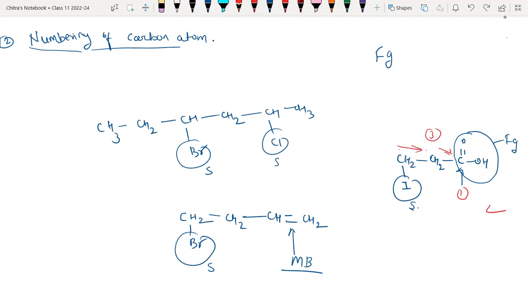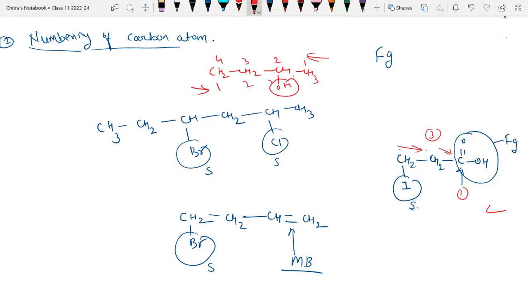Sir, can you repeat this part? I didn't quite get it. Okay, suppose I have a carbon chain here: CH2, CH2, CH, here I have OH and CH3. That OH is the functional group. On which carbon has it been attached? If you count from this side, it will be carbon 1, 2, 3, 4. But if you count from the other side, then it would be 1, 2, 3.